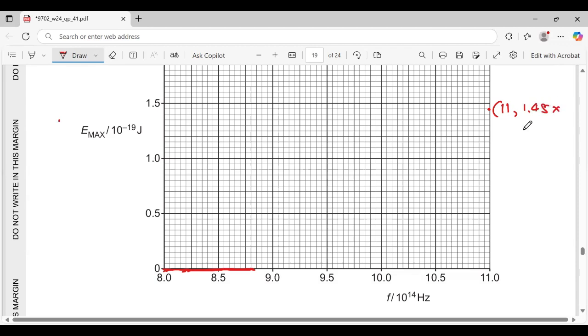Okay, so sketch the straight line from 8.8 to here. The straight line. Yeah, like this.